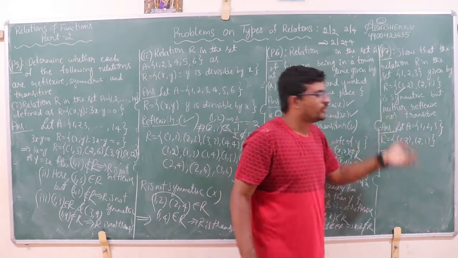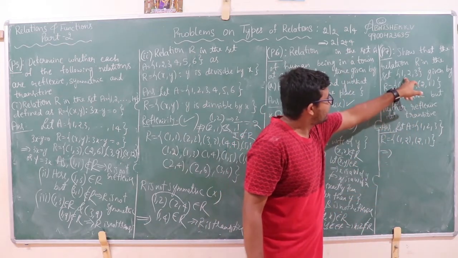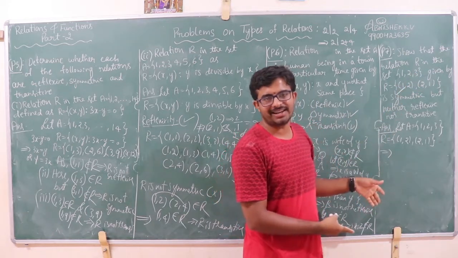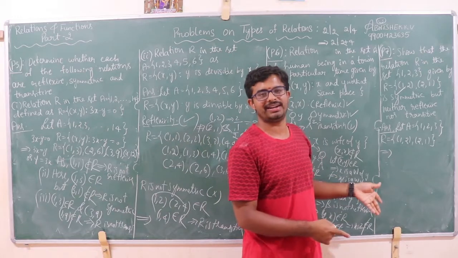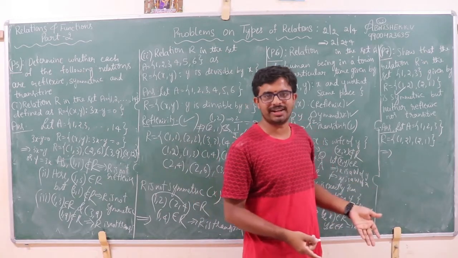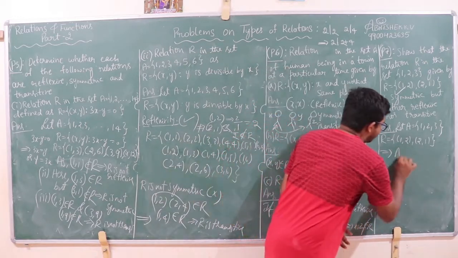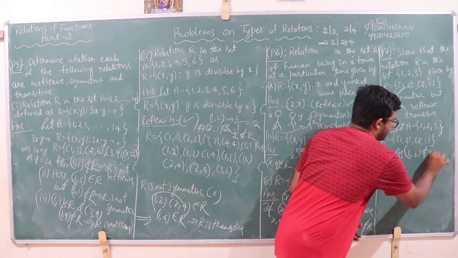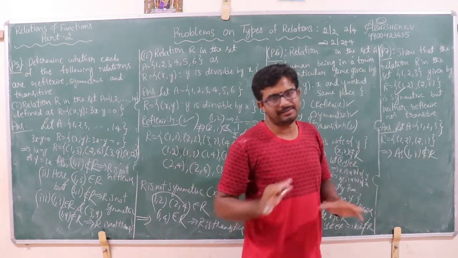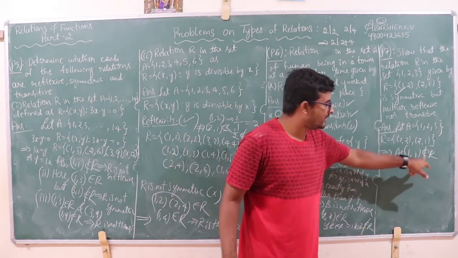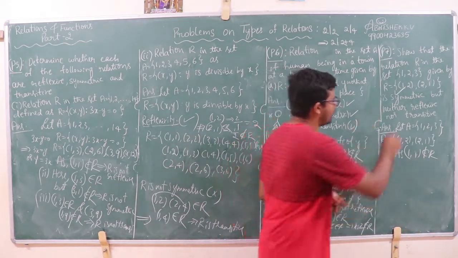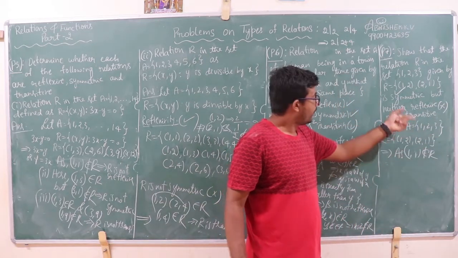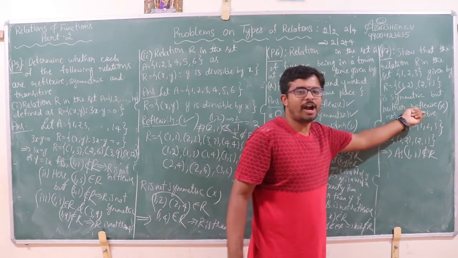But it is neither reflexive nor transitive. As the set contains 1, 2, 3, (1, 1) does not belong to the relation, (2, 2) does not belong to the relation, (3, 3) does not belong to the relation. If you give one example showing it is not possible, then it is more than enough. (1, 1) does not belong to the relation, so R is not reflexive. Therefore, R is symmetric, not reflexive.